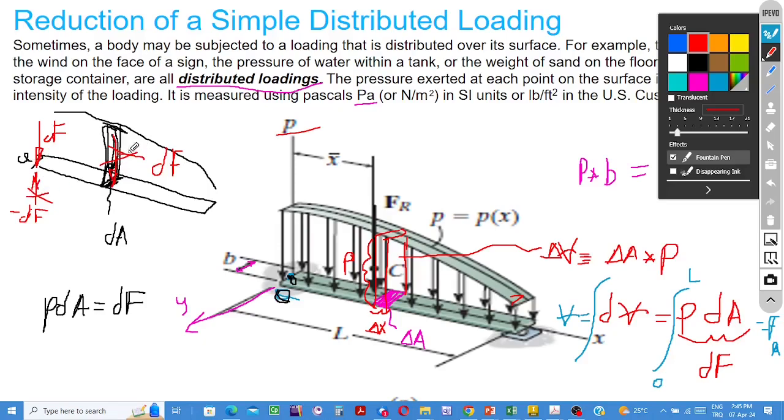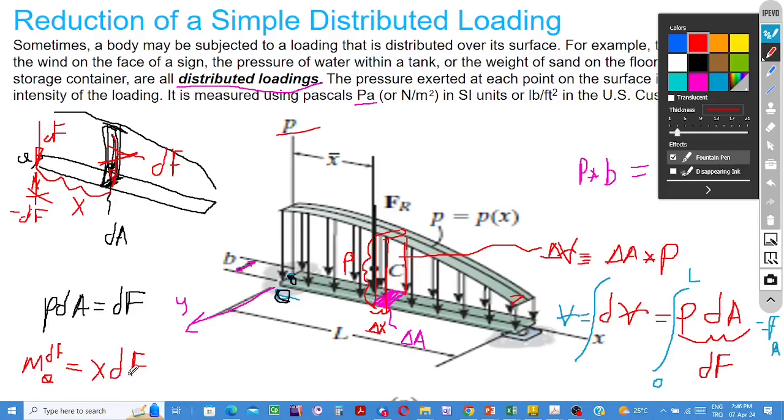It is going to be the magnitude of this couple. Then the moment of dF, this force, with respect to point O: the distance from here to there is, let's say, x millimeters, so x times dF.